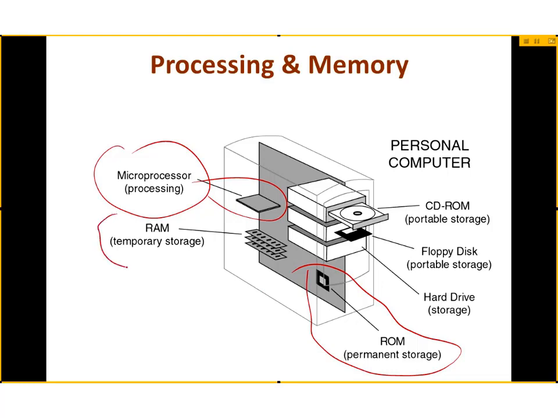Another type of memory that we have built into the computer is our RAM, or random access memory. This is the place where we are temporarily storing information while we are running various applications or programs on our computer. And so information is constantly going in and out of our RAM.